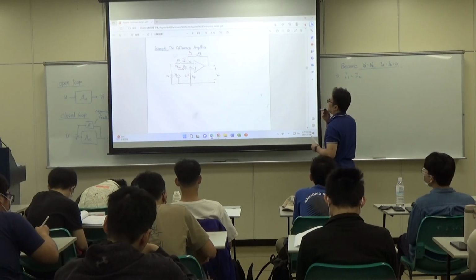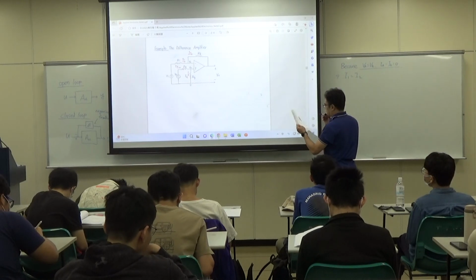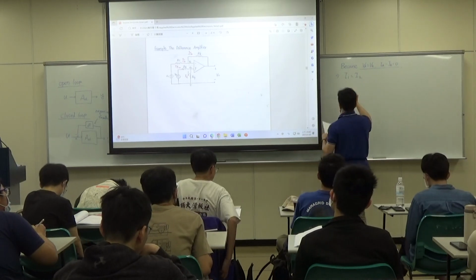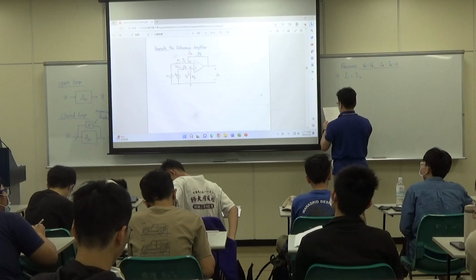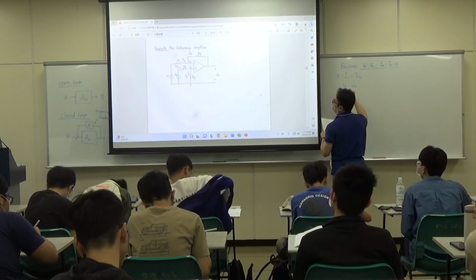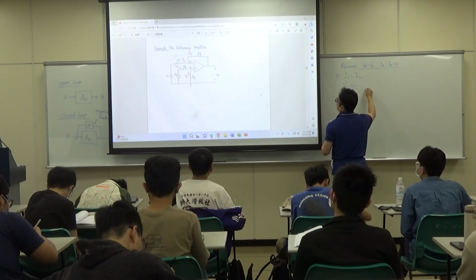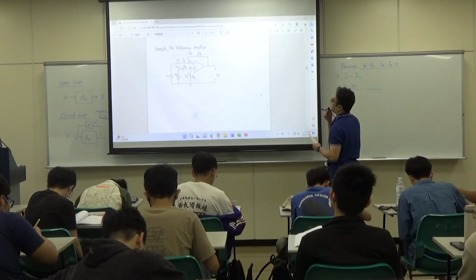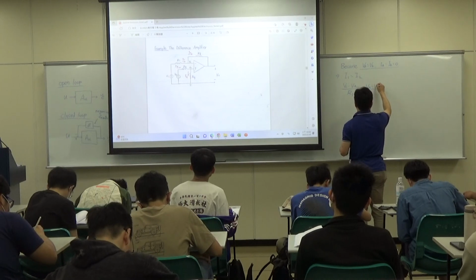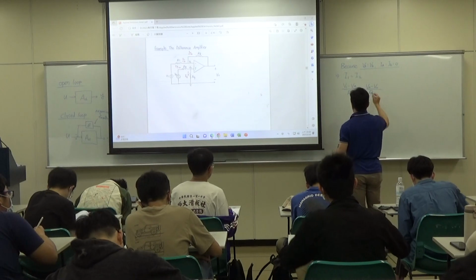So how can we define I1? I1 is V1 minus VA divided by R1. It's a little bit complex, but it should be okay. I2 is VA minus VO divided by RF.